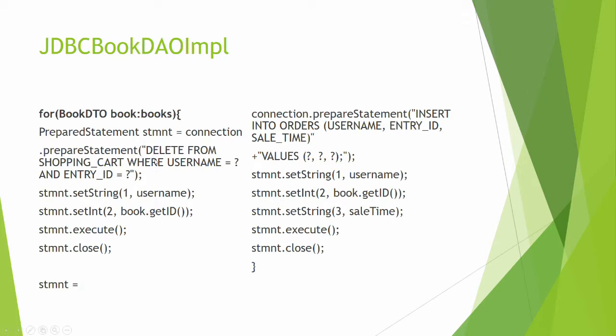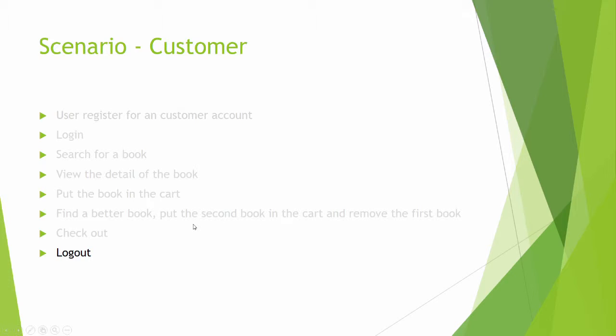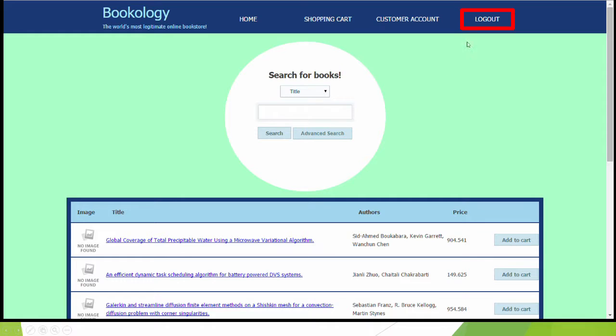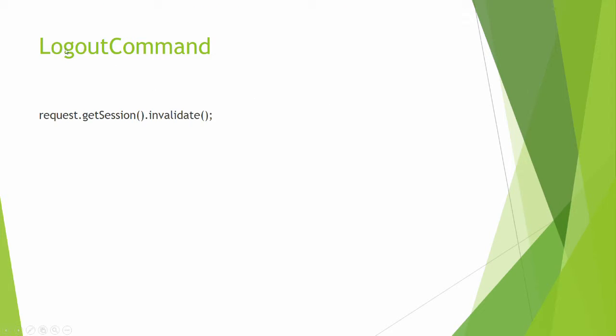First it will delete from the shopping cart, and then insert an entry into the order. When the user finishes the purchase, he can click the logout button on the top, which will trigger the logout command and invalidate the session.